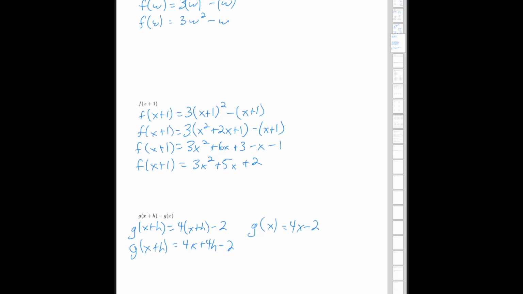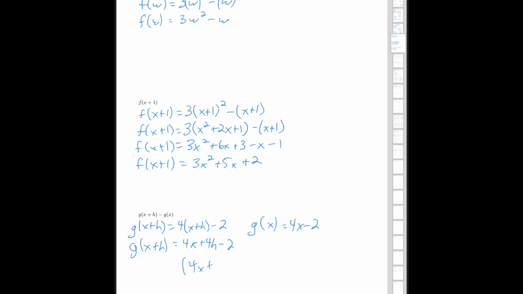And then I can find their difference. So I can take 4x plus 4h minus 2 minus 4x minus 2. Notice that I'm substituting into an expression, so I'm putting them in parentheses. So I distribute to get rid of the parentheses. So 4x plus 4h minus 2 minus 4x plus 2. And now I can combine like terms. So 4x and negative 4x cancel, negative 2 and 2 cancel, and I'm left with 4h.